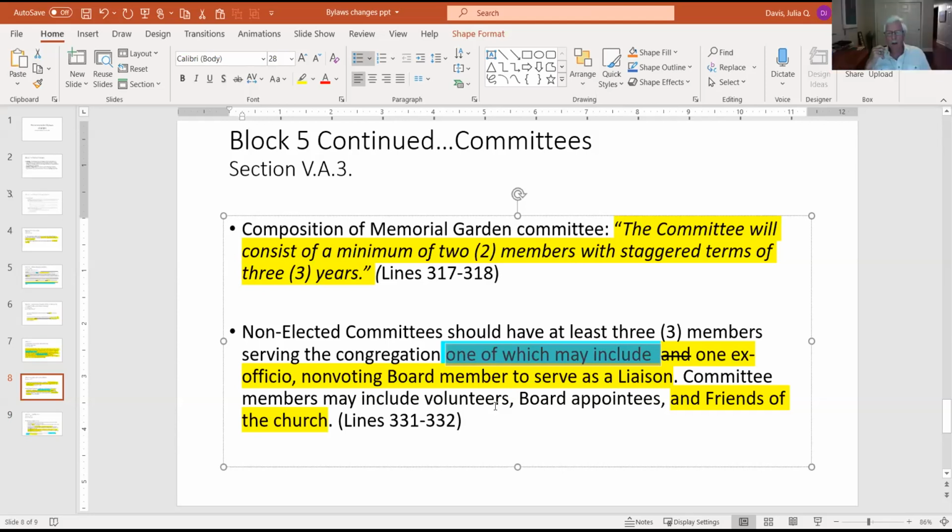Yeah, I just think that it's a problem saying that committees can operate in general with just two members. Linda, you're really breaking up for me. Could you say that again? Could you try again?